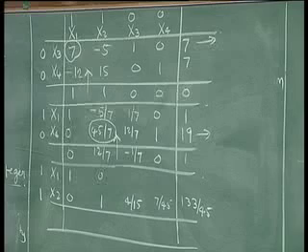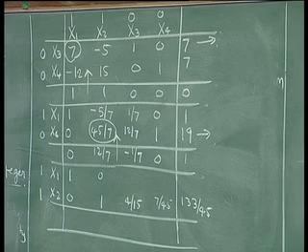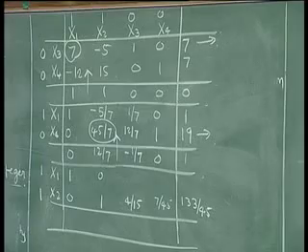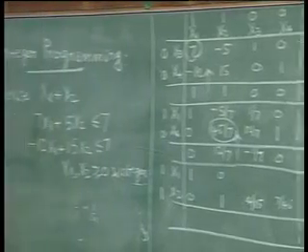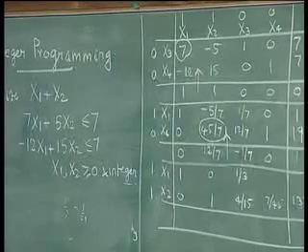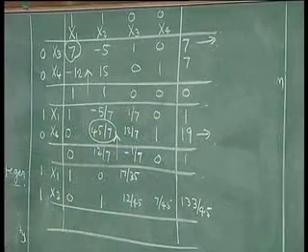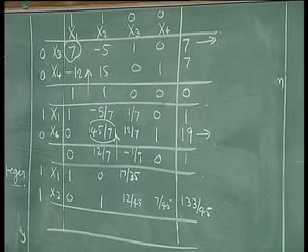So, 20 by 105, which is 4 by 21. So, 1 by 7 plus 4 by 21 is 1 by 3. So, this plus 5 by 7 into this, which gives me 5 by 45, which is 1 by 9.